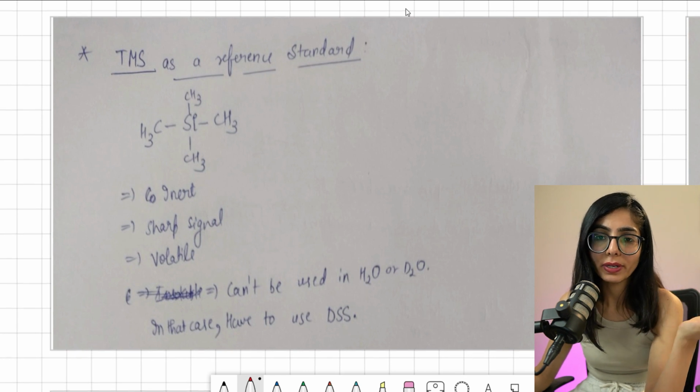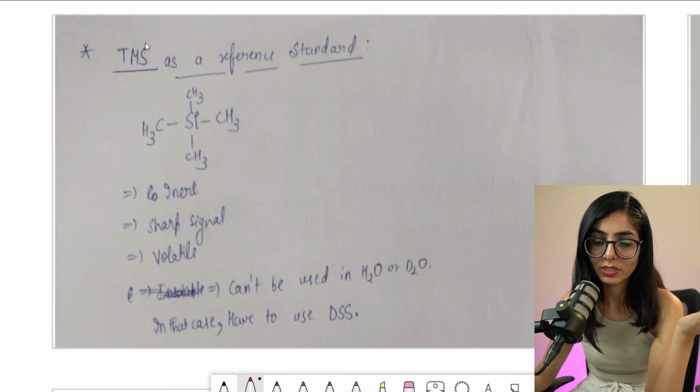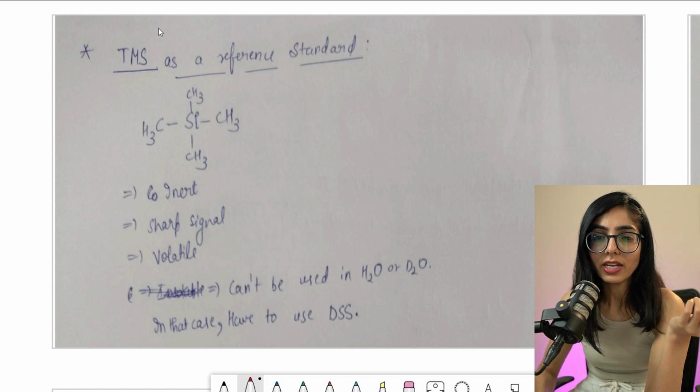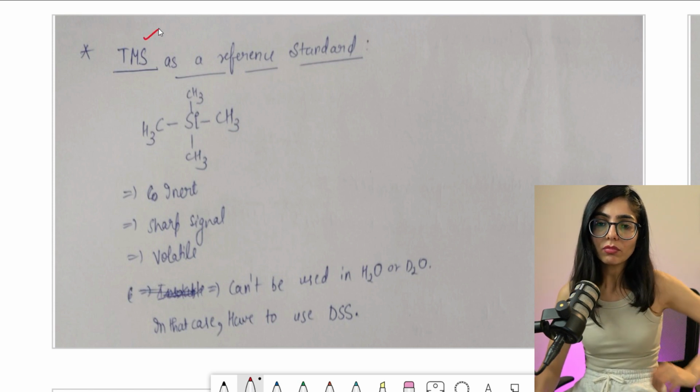Now we'll be jumping to this TMS. There is one more thing we discuss, that there are always questions in examination about why TMS is a reference standard.